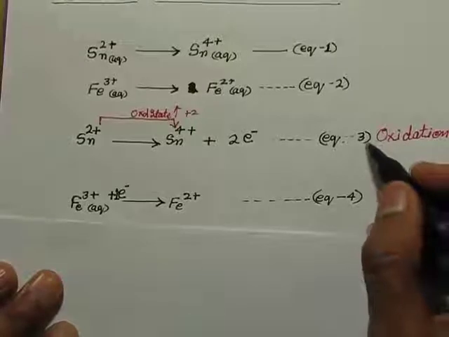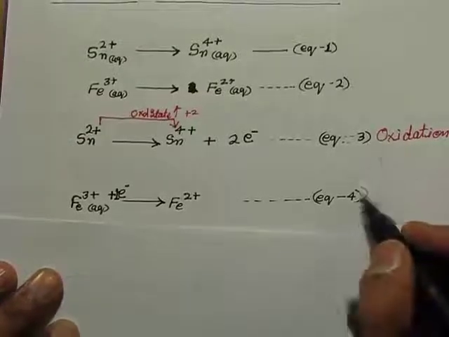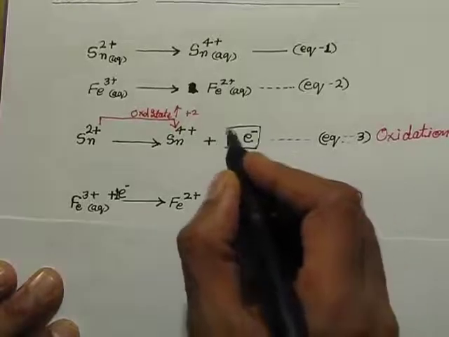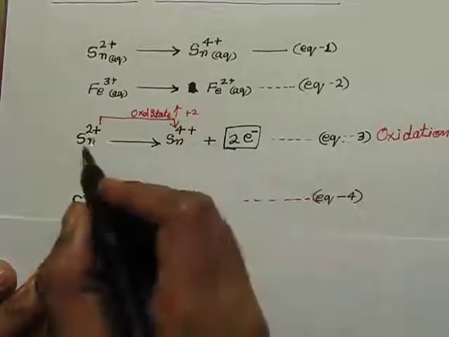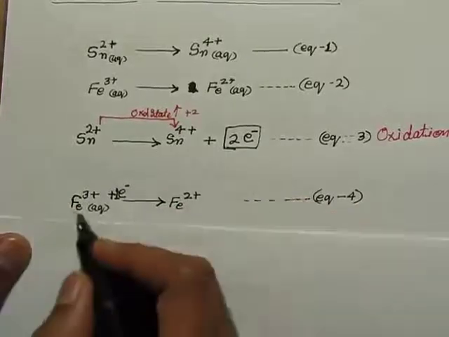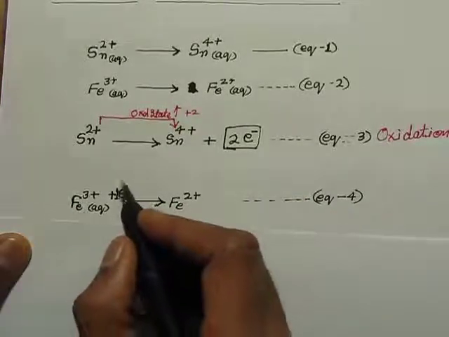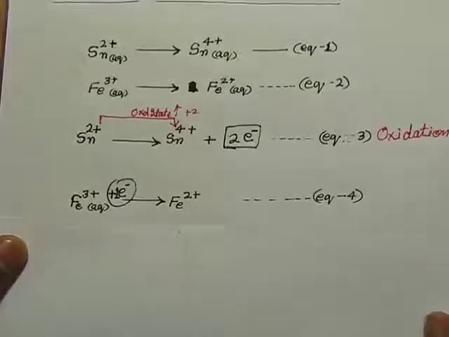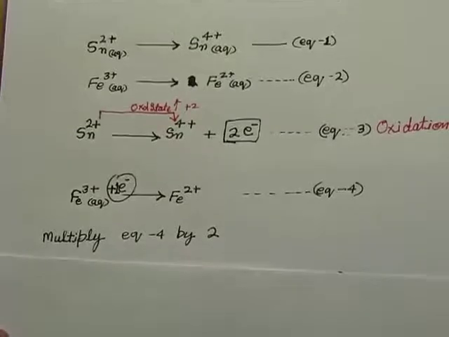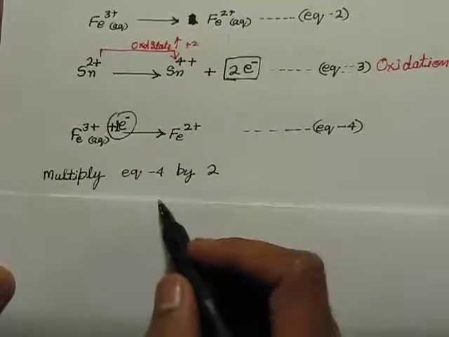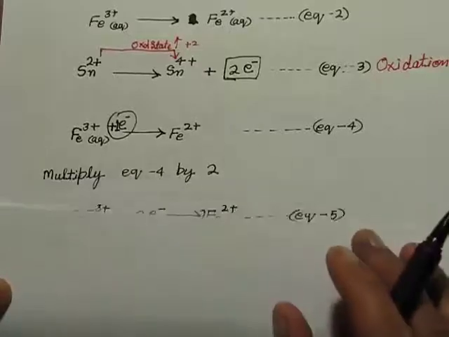So if you compare equation number 3 and 4, in equation number 3, 2 electrons are released from Sn2+, however in the case of iron 3+ it is accepting only 1 electron. So we have to balance the charges first. What we have to do is multiply equation number 4 by 2 on both sides.